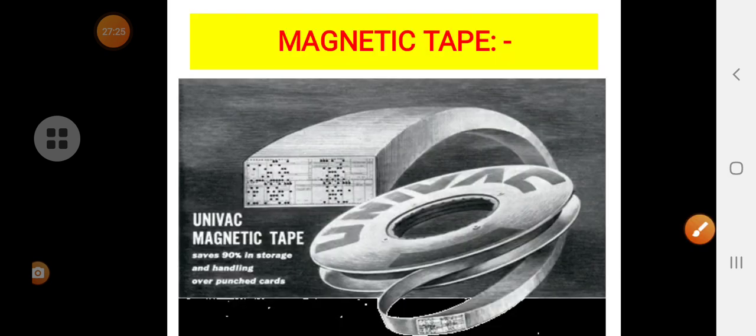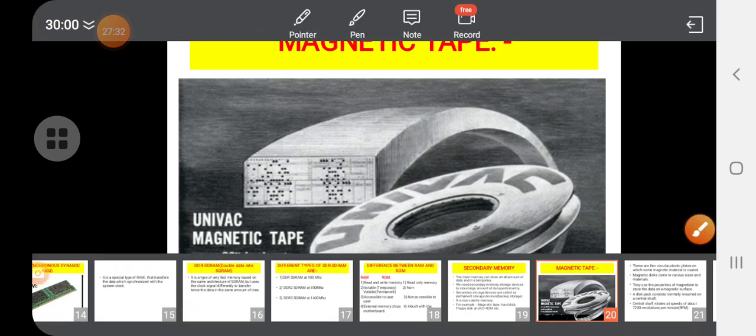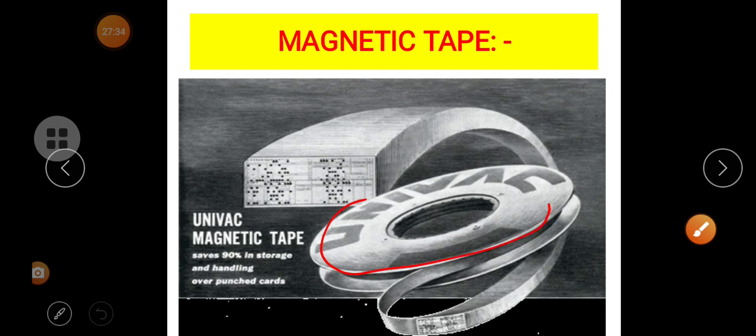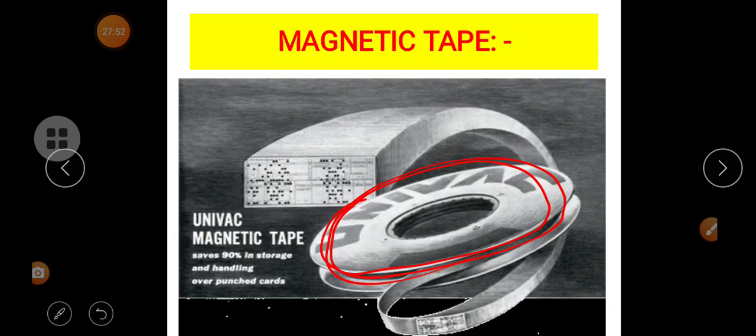Here, see, this is a circular material, on this the magnetic material is coated. Okay. See, the magnetic discs come in various sizes and materials. They use the properties of magnetism to store the data on the magnetic surface. So it uses the properties of magnetism so that it will store the data.